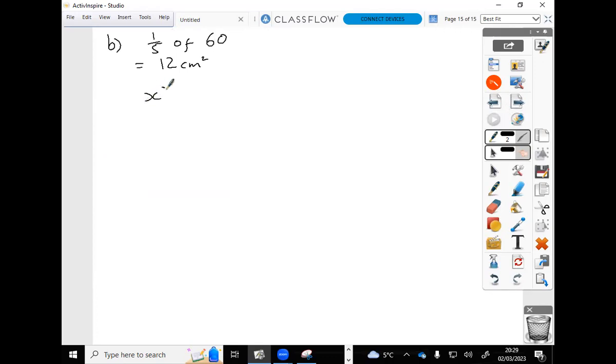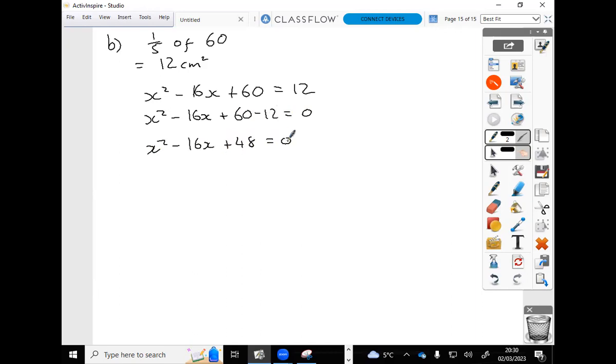So again, we can take that formula forward. We want to equate it to 0, and then we want to factorize it. Now, you could use the formula, but actually looking at those numbers, it's not too bad.